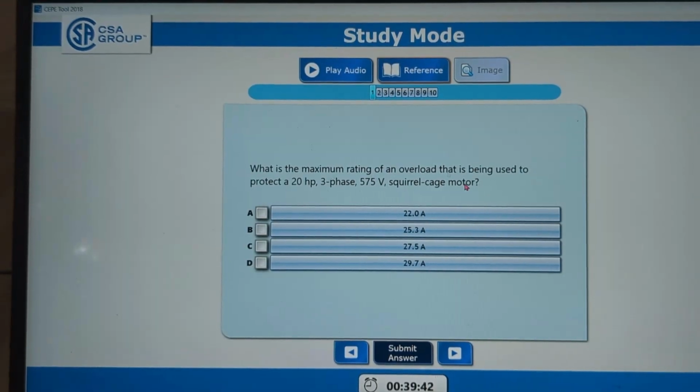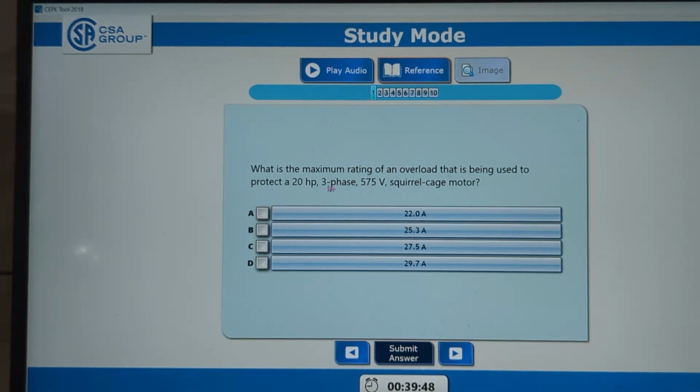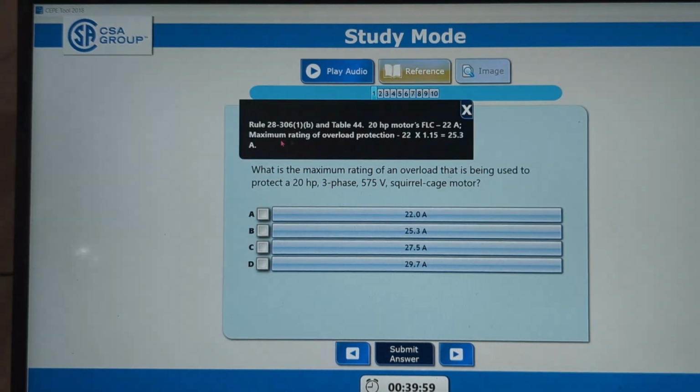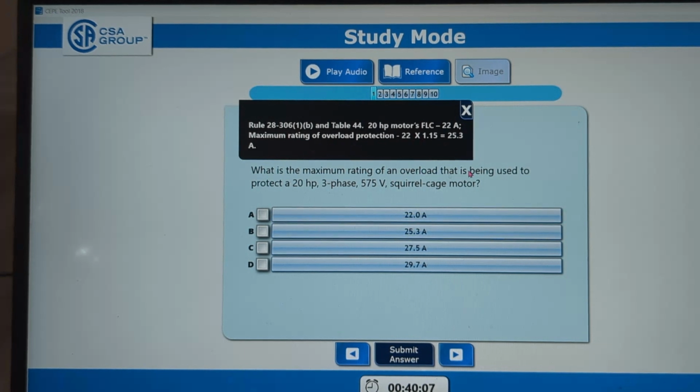Now I give you another example. What is the maximum rating of an overload that is being used to protect a 20 HP 3-phase 575 volt squirrel cage motor? So first of all, we need to find overload. Okay, so this is an easy reference. You see, table 44, 20 HP full load current is equal to 22 ampere, and because this is 20 HP with 575 volt, we need to find overload.